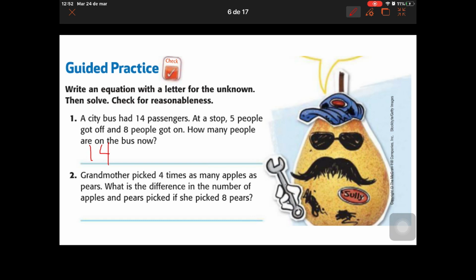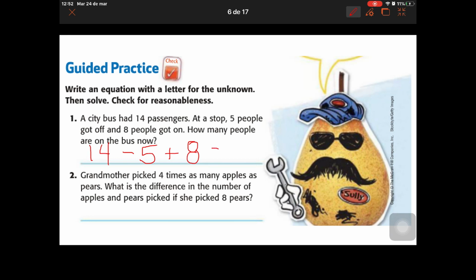And at a stop, 5 people got off and 8 people got on. So we have 14 passengers on a bus, and then at a stop, 5 people get off. So we have minus 5 people, but then 8 people got on.